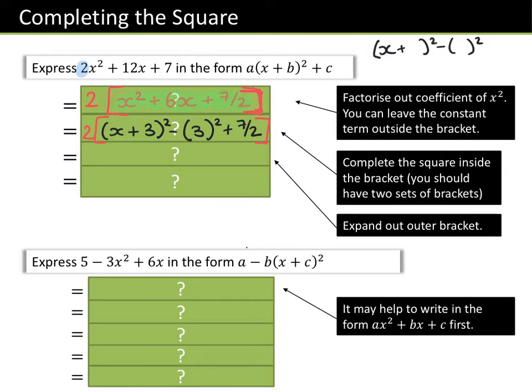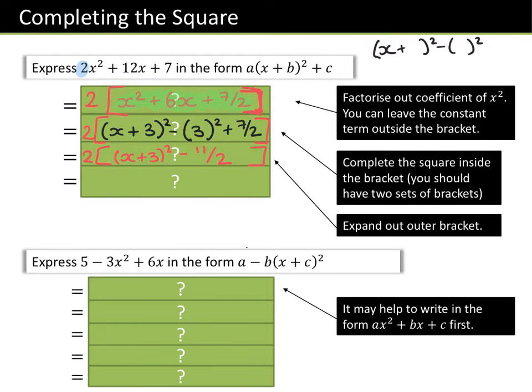So now once we've done that, we can leave our 2 again on the outside, but what we're going to do is simplify what's inside the square bracket. So we're going to have x plus 3 squared minus 9 plus 7 over 2, which is 18 over 2 plus 7 over 2, minus 11 over 2.